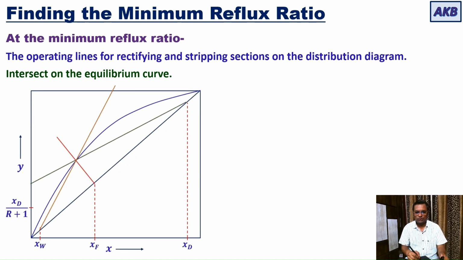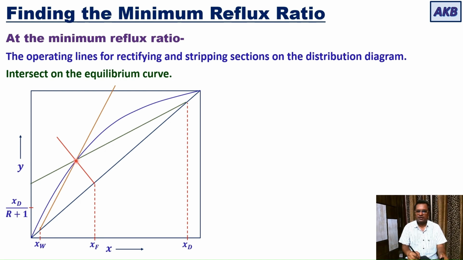So I will show how that happens. This is the distribution diagram, and you can see when the column is operating under the minimum reflux ratio, this is the operating line for the rectifying section, this is the operating line for the stripping section, this is the Q line, and now all the three lines are intersecting on the equilibrium curve.